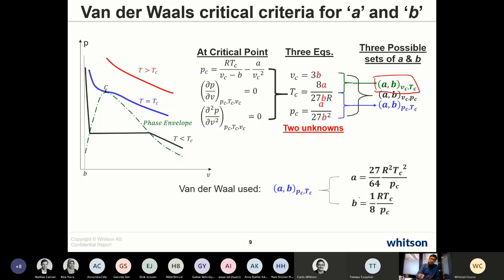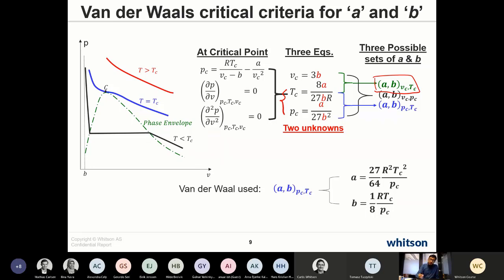If we solve, for example, the TC equation and the PC equation here, we get these values of A and B. And we will see later what the consequence of neglecting the critical volume term was, and how we can actually correct for that consequence.